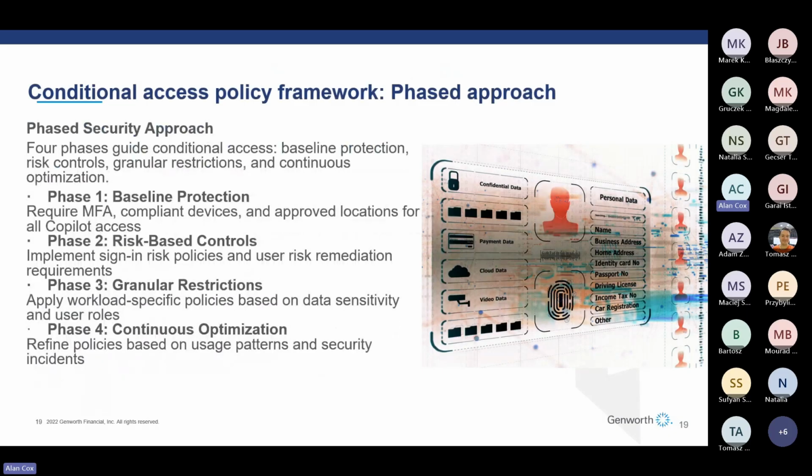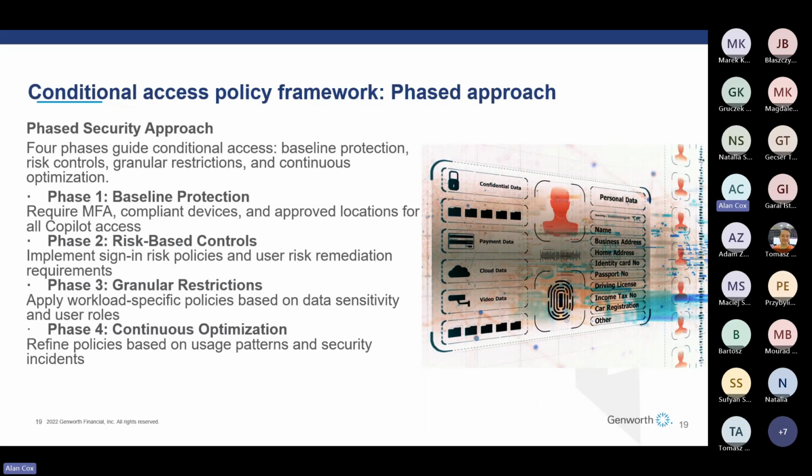So, some conditional access framework. This is a little bit of a busy slide, but I'll break this down. In phase one, baseline protection requires MFA and compliant devices in approved locations for all Copilot access. And you do have the ability to do all of this with, well, they've even gotten better with DSPM, and we'll look at that in a minute.